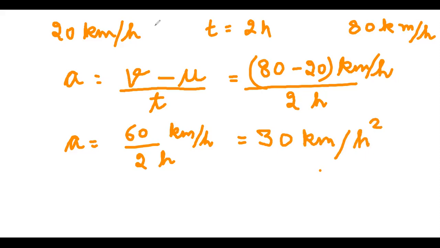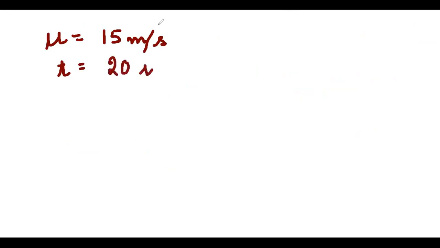Now children, I hope this is clear. Let us do one more question. Now try this question yourself. Initial velocity of a body is 15 meters per second, and after a time of 20 seconds, the object gains the velocity of, suppose, 65 meters per second.